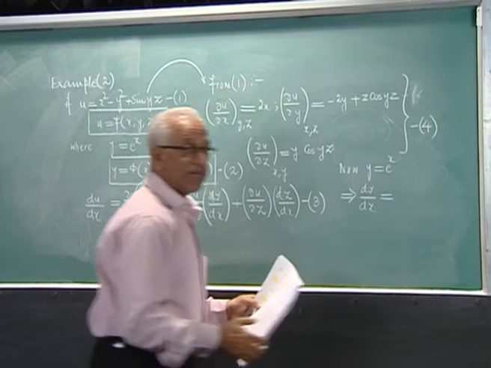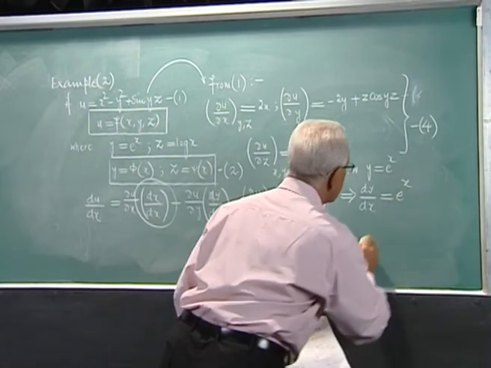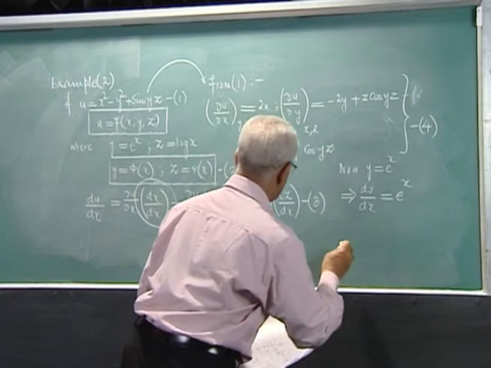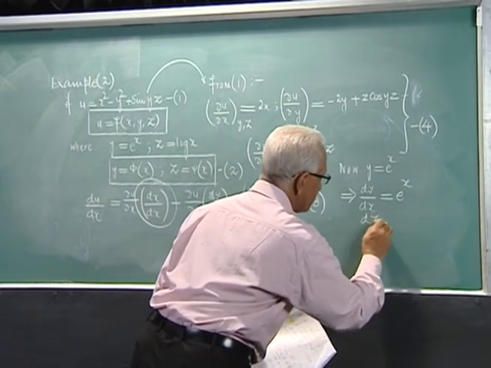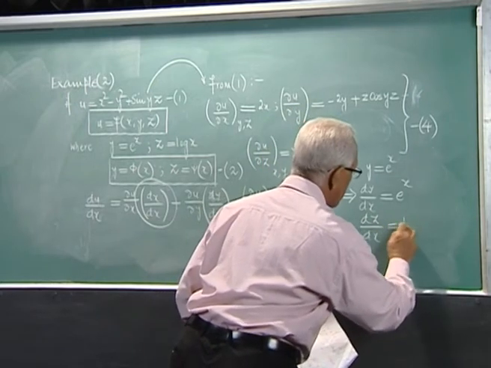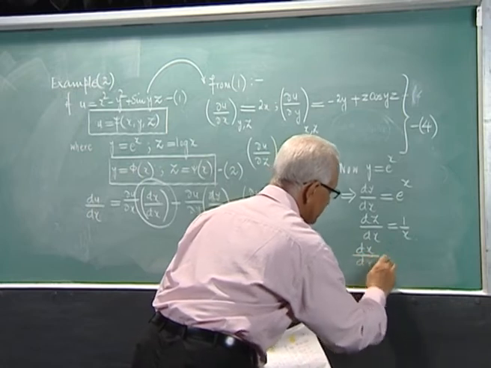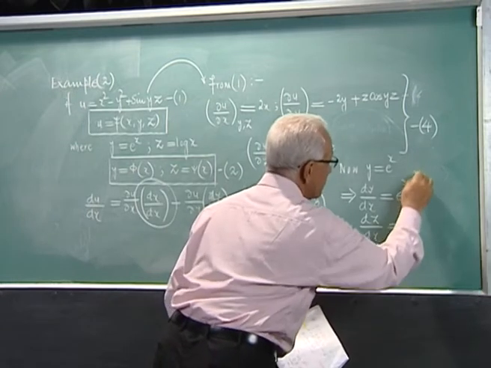Remember, we are not keeping anything constant because this is a total derivative. So this is e to the power x. And then dz dx is equal to 1 upon x. And as you know, dx dx is equal to 1.